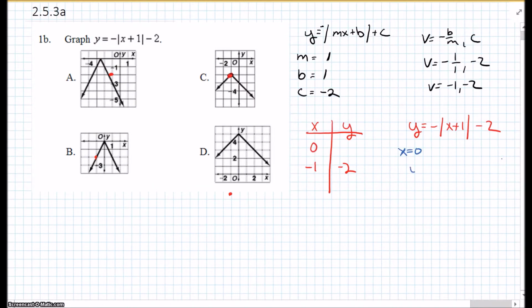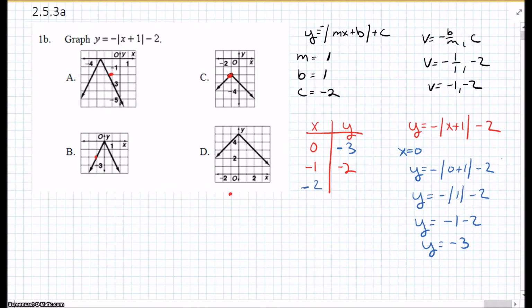Here's what we get. y equals negative absolute value of 0 plus 1, minus 2. y equals negative absolute value of 1, minus 2. So that's y equals negative 1 minus 2. So y is going to be negative 3 when that happens. Okay, so that's a number above it. Now let's pick a number below, negative 2.